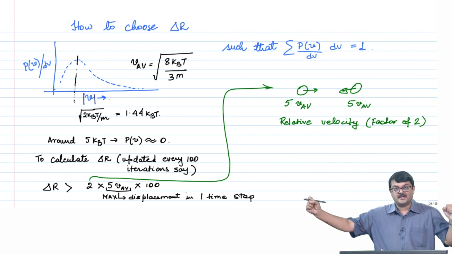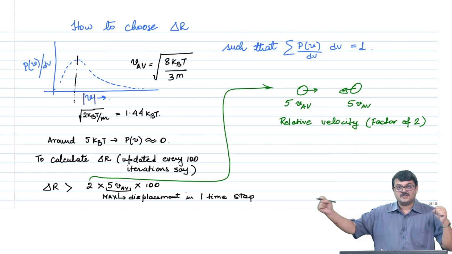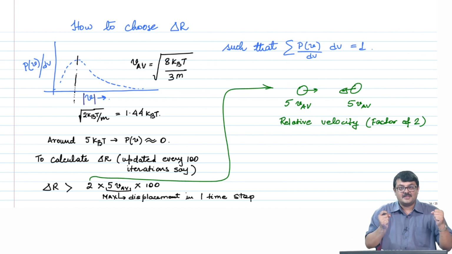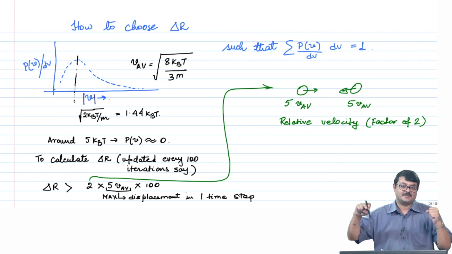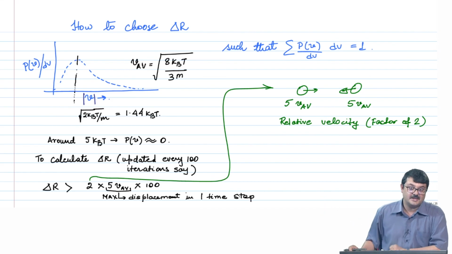But if this particle was very far away and not within the distance r s at time t equal to 0, it should not start interacting within the 100 iterations, because you are not calculating the distances between this and this for the next 100 iterations if this particle is not within the neighbor list.